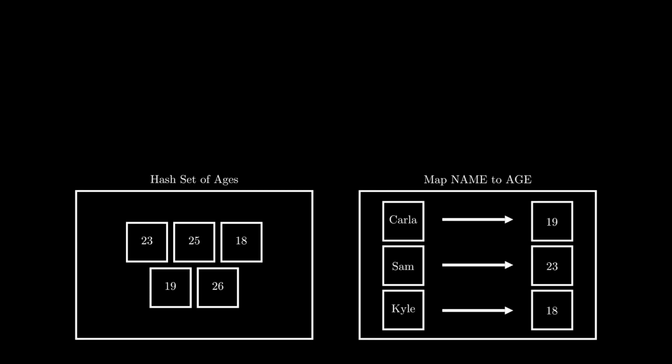For both the hash set and the hash map, inserting only takes O of 1 time. Lookups only take O of 1 time as well. Therefore, hash sets and hash maps are extremely fast. The only downside is that they require extra space.